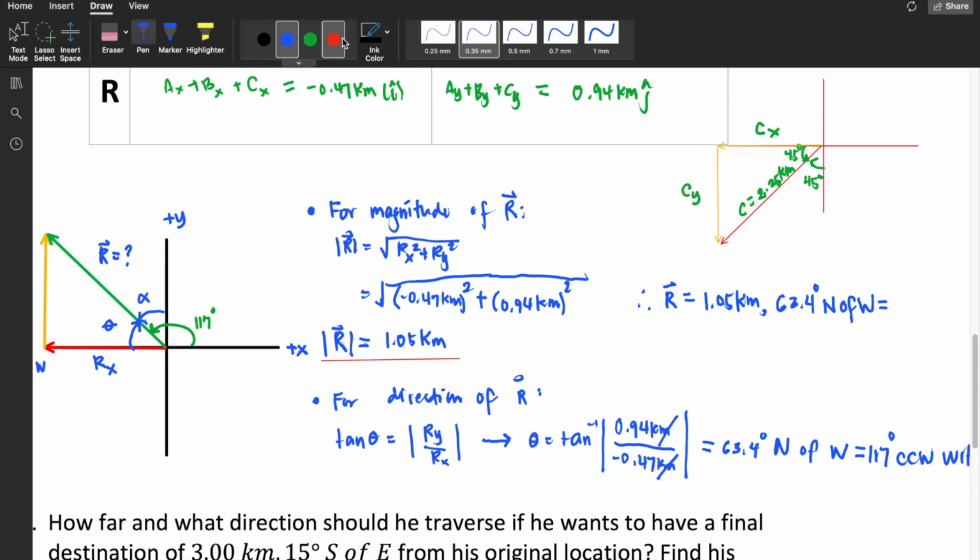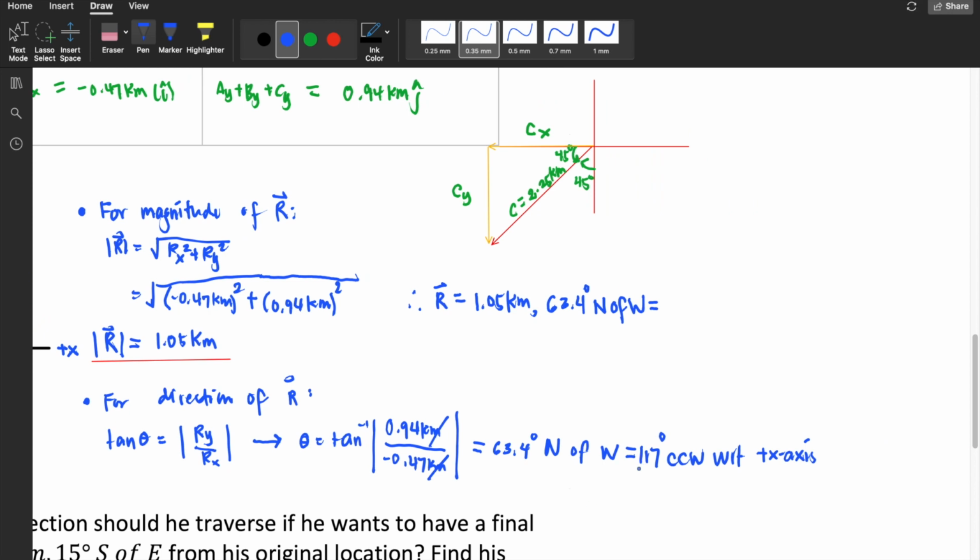You can also use this one, the angle alpha. How? 90 minus 63.4, so that would be 26.6. You can use 26.6 degrees here. So its angle can also be written in this form. We have a lot of possibilities.